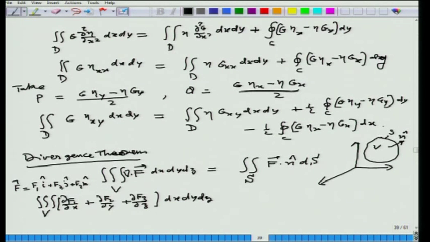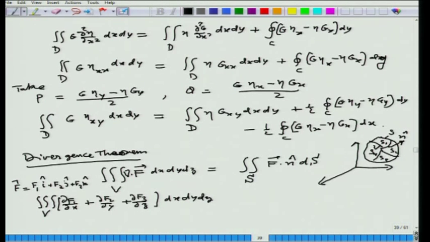Here these components F i's are assumed to be continuously differentiable in V and continuous on the surface S, and S is piecewise smooth, that is on those patches where S is smooth, n is well defined and continuous at every point except on certain boundaries of those patches. So, in these patches, let us say S 1, S 2, S 3 and S 4, n is continuously defined.